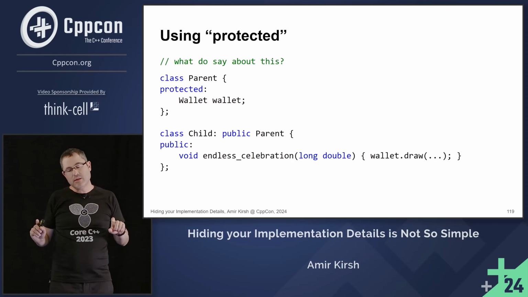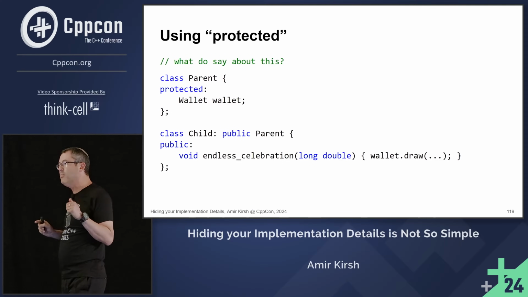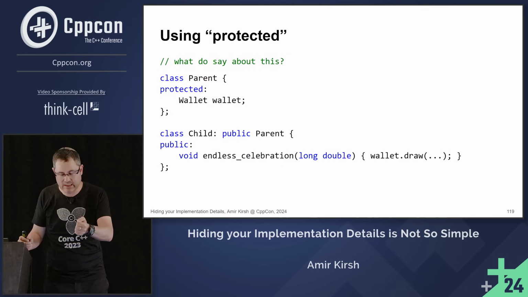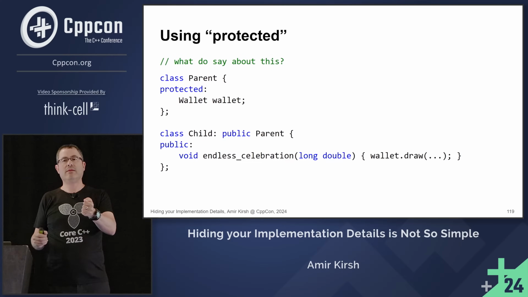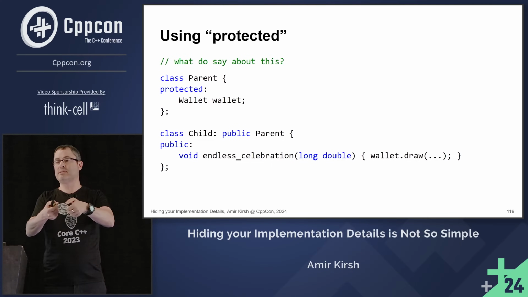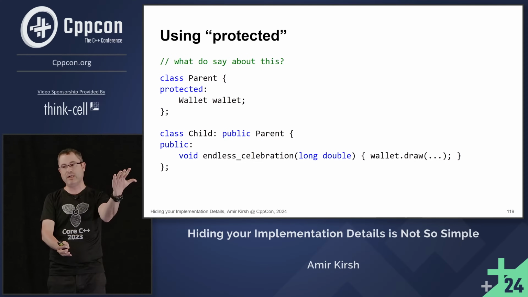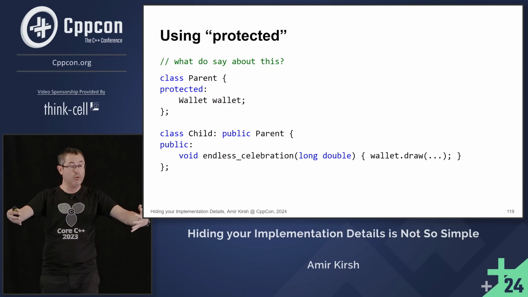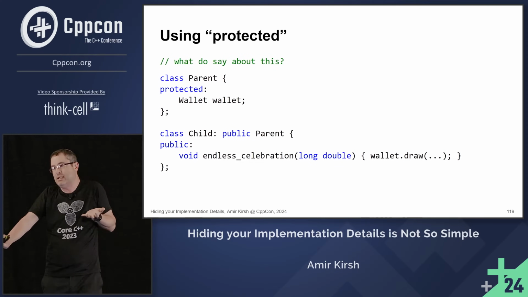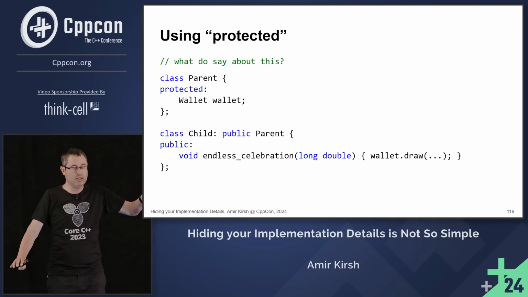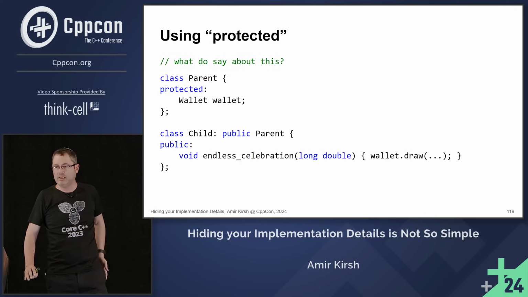I mean, that is not the exact metaphor which is correct, because in inheritance, the derived class is the base class. It's the same entity. And here, the child is not the parent. I mean, we can think in the real world, the child is another entity, is not the entity of the parent, in which case I can understand why the parent may want to leave the wallet in his pocket.